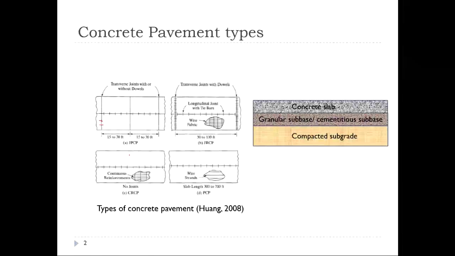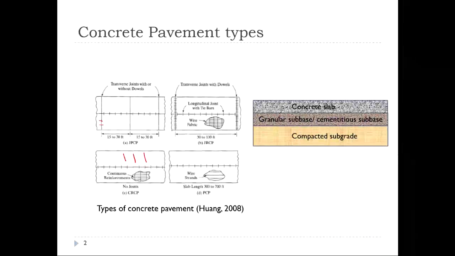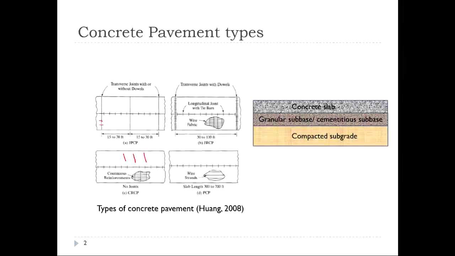Over a period of time, there are going to be transverse cracks in these pavements, but the reinforcement, which is present along the entire length of the pavement, will prevent the spalling of these concrete blocks. The next one is pre-stressed concrete pavements. This is not a common practice in India, but abroad we have pre-stressed concrete panel pavements also.